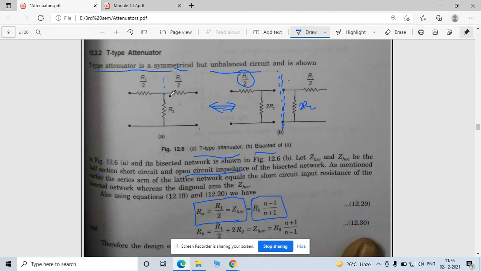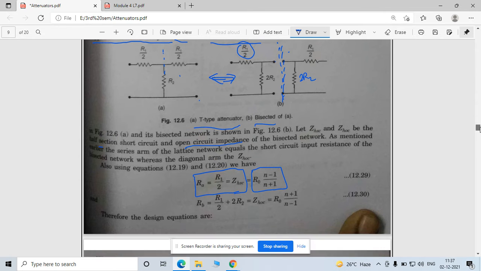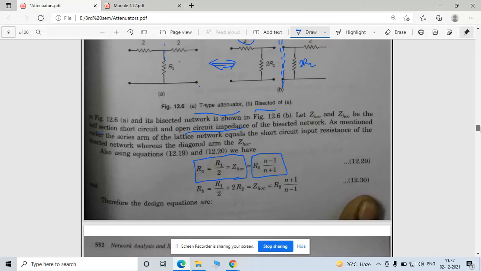If you use the bisection theorem, you can easily realize your given network with the lattice network, and we have already derived the equation for this lattice network. Simply compare these two equations and solve the problem. So here the comparison takes place.